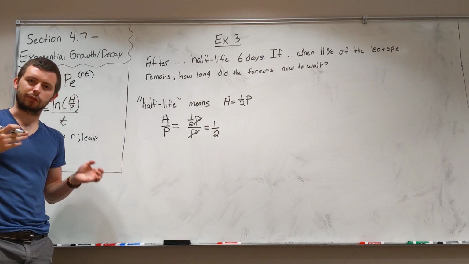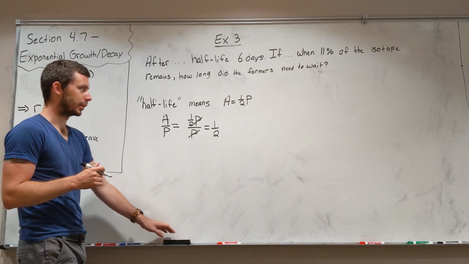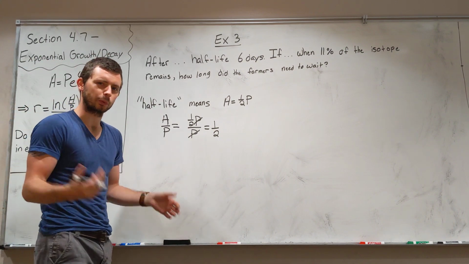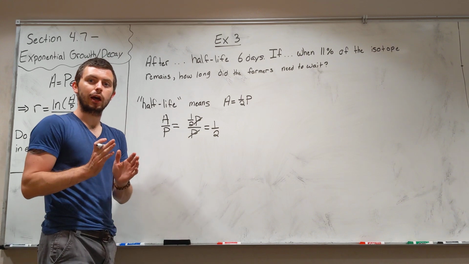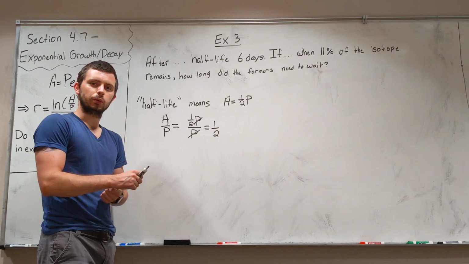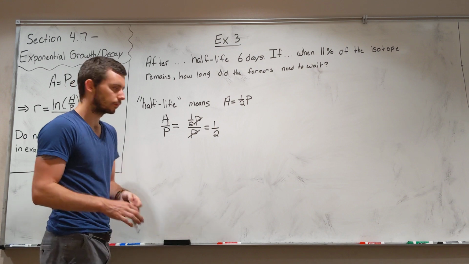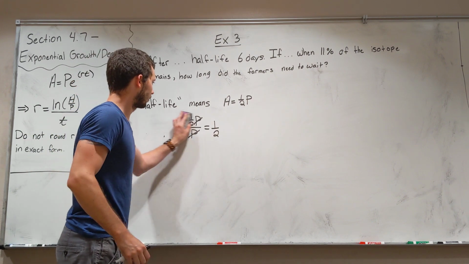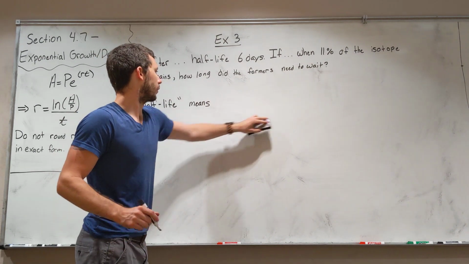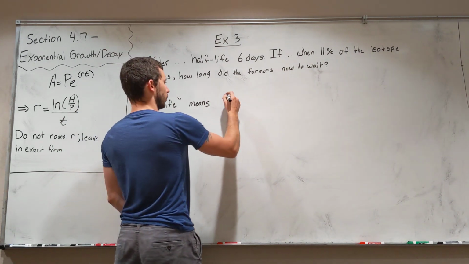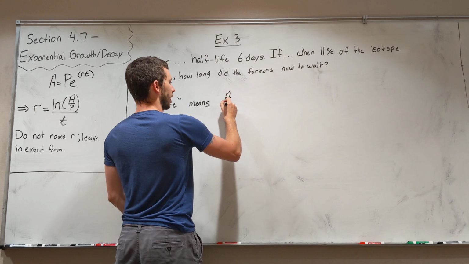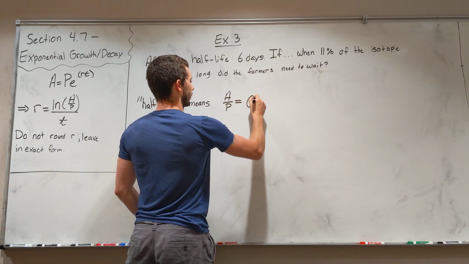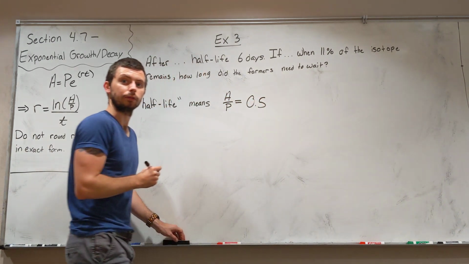So all of this is an elongated way of saying, well, really generalizing, if you do not have an initial or final amount, and they ask you to find the half-life, then what that generalizes to is that the quotient of A over P is simply 0.5.